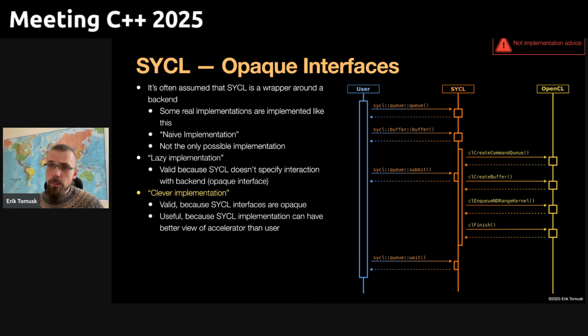So the SYCL runtime might be able to do clever optimizations that the user doesn't have the visibility to do. This is also useful because some backends might not natively have the concepts that SYCL has. You can imagine a backend that uses something other than a queue to submit work. For a backend like this, SYCL needs to do a number of different things to approximate a queue.